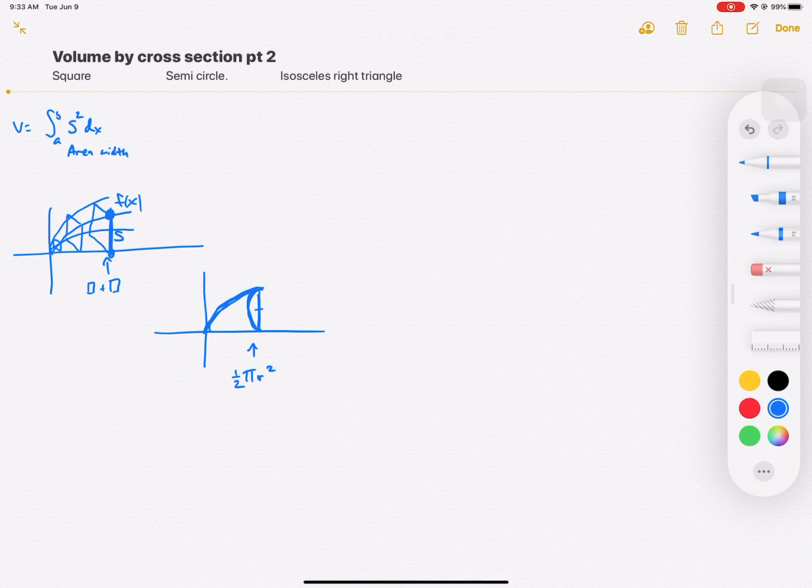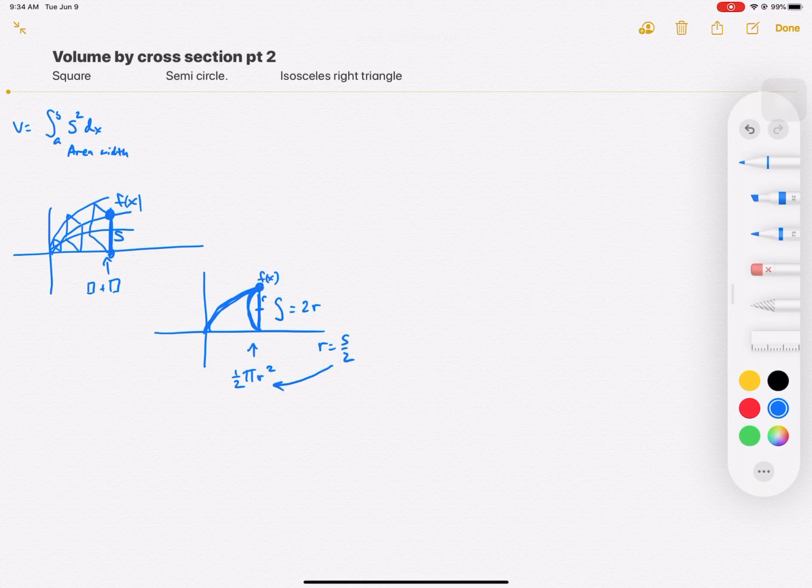But there's a gimmick here. The radius is not the full f of x function, it's not the full y value. It really is only half of it. So if we call the whole side s, that means s is 2r, because there are 2 radiuses. So the radius is equal to s over 2.